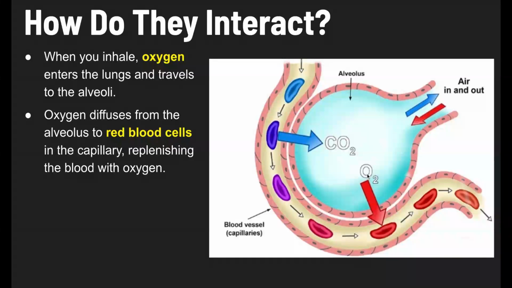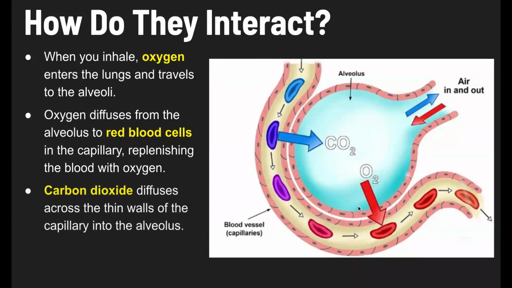That oxygen, when it diffuses from the alveolus into the red blood cell, replenishes your blood with oxygen. Now, that tells you how oxygen gets into your blood by going through your respiratory system.